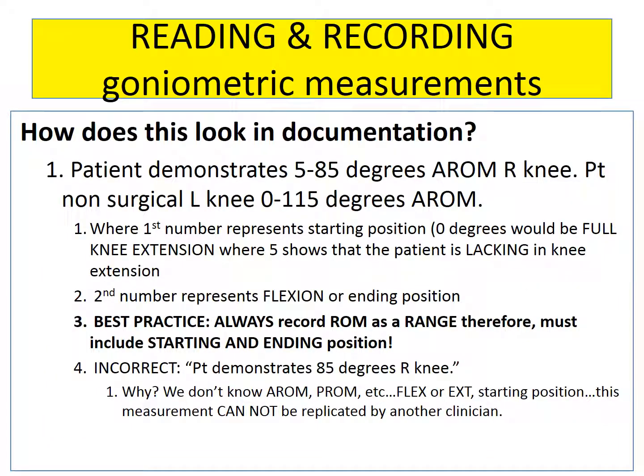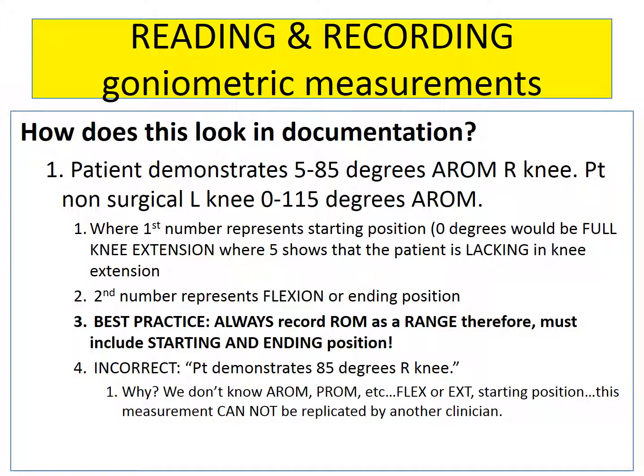So when we're looking at documentation, you see here as an example, patient demonstrates 5 to 85 degrees active range of motion right knee. Patient non-surgical left knee is 0 to 115 degrees active range of motion.